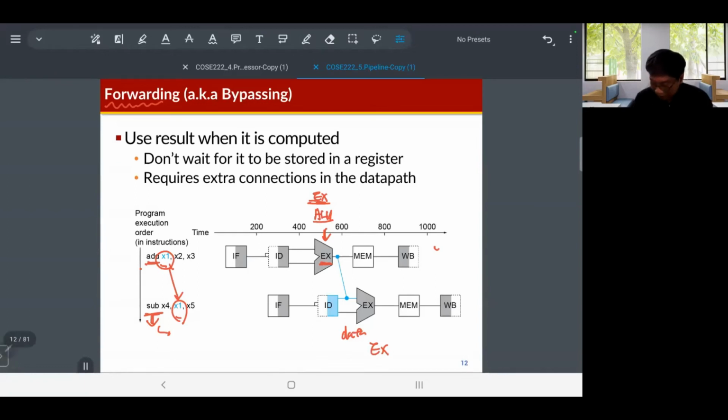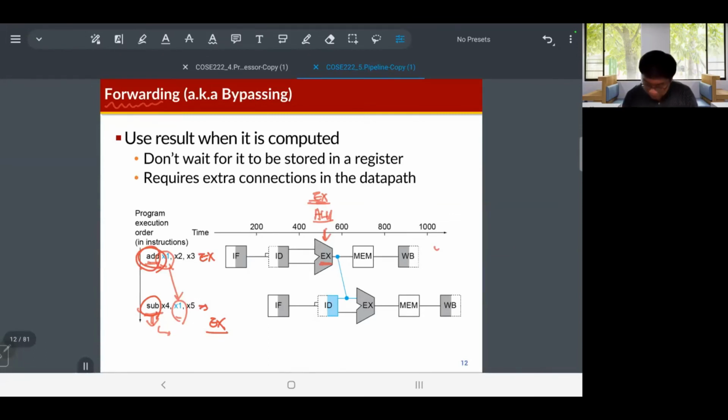You understand? In order to perform this sub instruction, it's okay that the data is ready before EX stage, before the ALU. So the sub instruction requires data before the EX stage, and the add instruction generates data after the EX stage. It's just one clock gap.